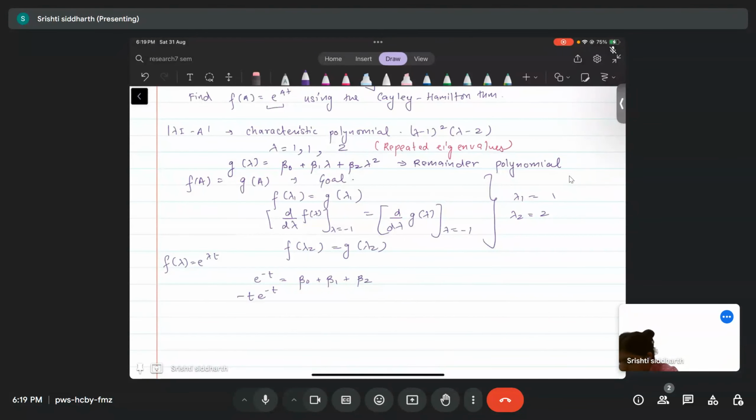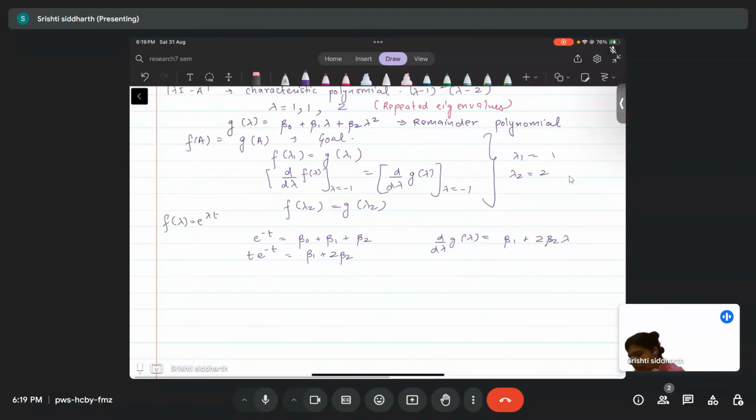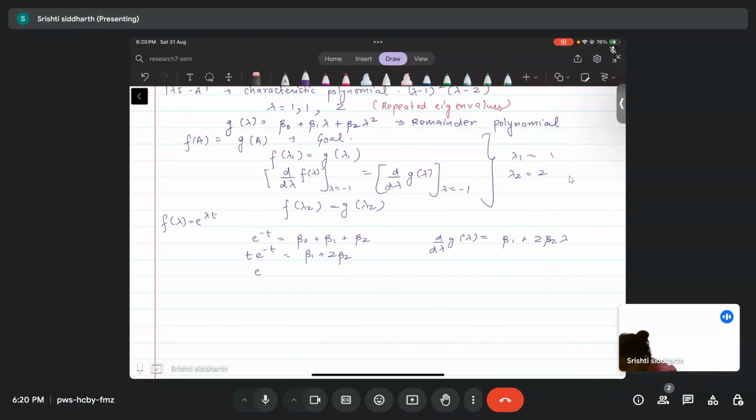Okay, so sorry, this is beta 1 minus 2 beta 2. d by d lambda g of lambda is simply beta 1 plus 2 beta 2 lambda, and we evaluate this at -1. And then we simply have e to the power 2t equals beta 0 plus 2 beta 1 plus 4 beta 2. This is positive.